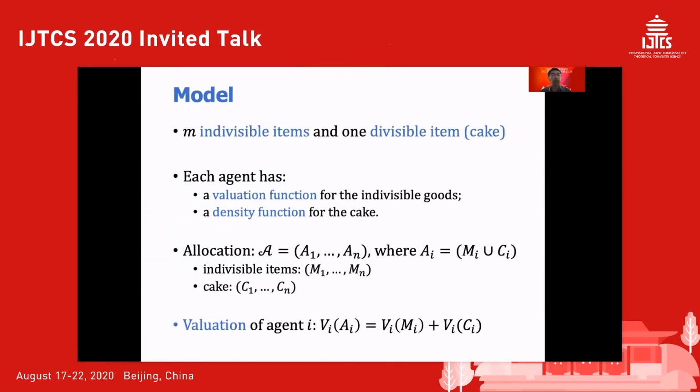We're going to assume that every agent has first a valuation function for the indivisible goods, and then also a density function, another valuation function, for the cake.